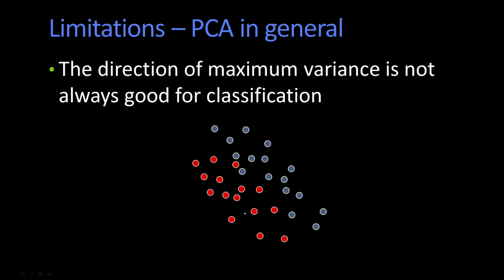But if the first thing you did was find the axis of elongation, the axis along which there's the most variation, and you projected these points down, well, clearly you will confuse the blue points and the red points. So it happens to be that the direction along which you want to separate the classes is not the direction along which all the points are distributed.